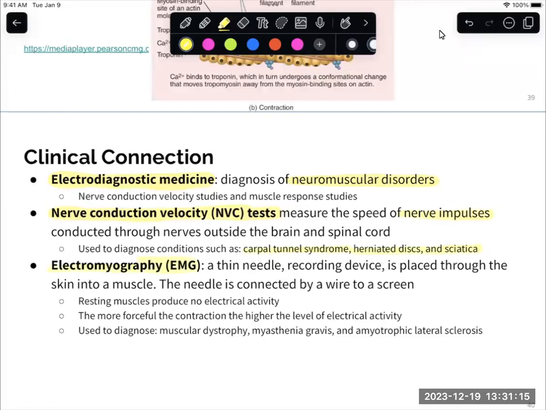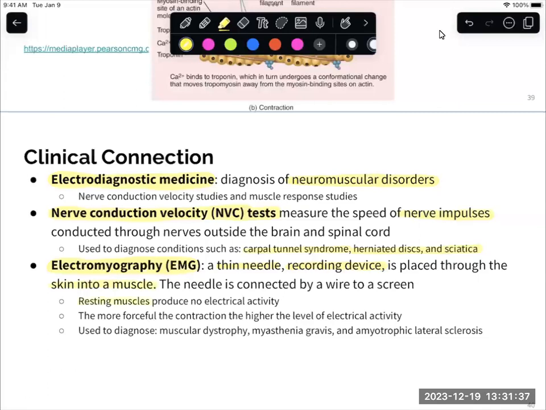They use an electromyography. Myo means muscle. So they take a thin needle and a recording device. They place it through the skin into that muscle specifically. And then they can monitor what is happening.